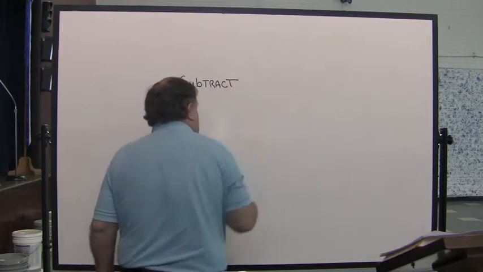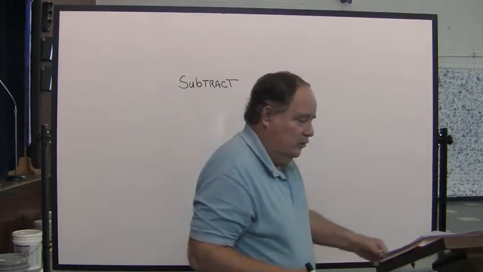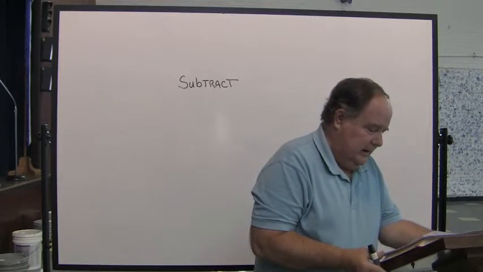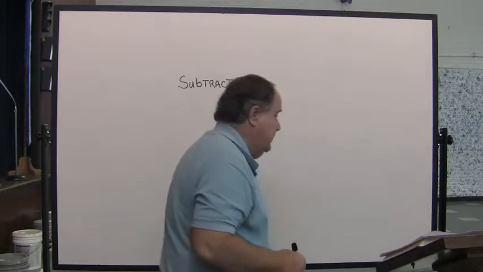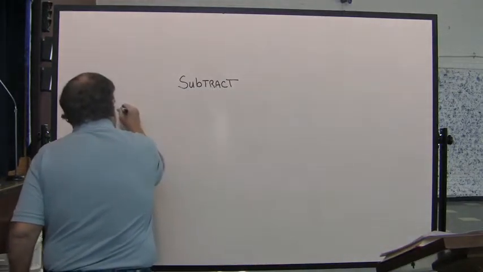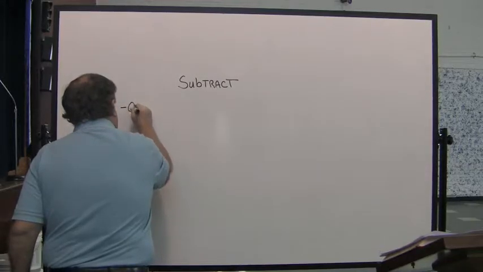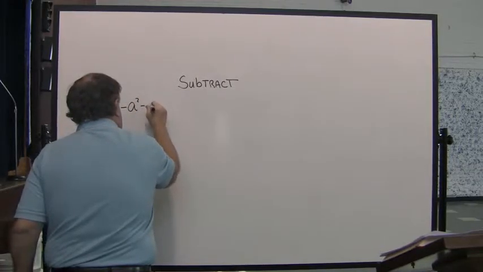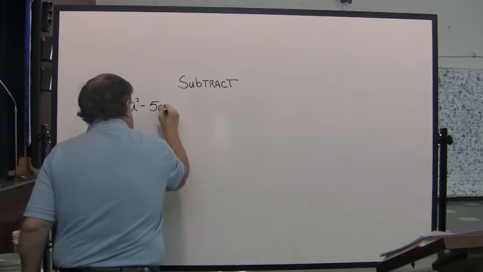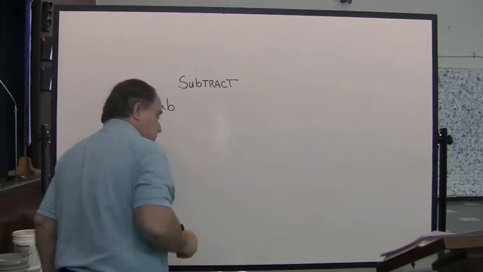Okay, and they're going to give you two polynomials. It says negative a squared minus 5ab. Let's start way over here. Negative a squared minus 5ab plus 4b squared minus 2. It's going to be a long one.